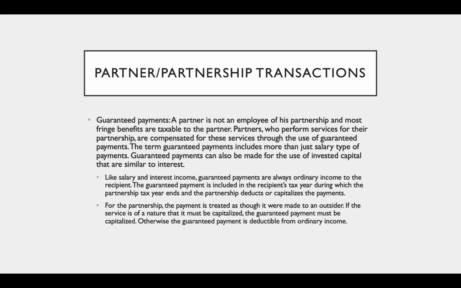Guaranteed payments can also be made for the use of invested capital that are similar to interest. Like salary and interest income, guaranteed payments are always ordinary income to the recipient. They're not capital. The guaranteed payment is included in the recipient's tax year during which the partnership tax year ends, and the partnership deducts or capitalizes the payments. And then for the partnership, the payment is going to be treated like it were made to an outsider. And if the service is of a nature that must be capitalized, the guaranteed payment would be capitalized. Otherwise, it would be a deductible ordinary expense.